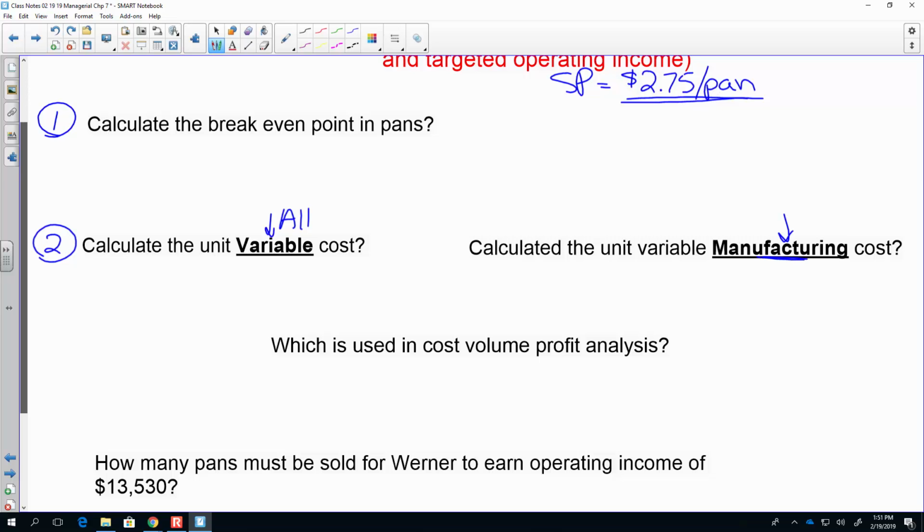And when we're looking at variable manufacturing, which 3 are we looking at? Direct labor is 1. Materials is 2. What's the 3rd? Pardon? Overhead, yep. VOH for the manufacturing section. So those are the 3 that they're looking for in question 2 here. So I'm looking at the 37 cents, the 63, and the 53.